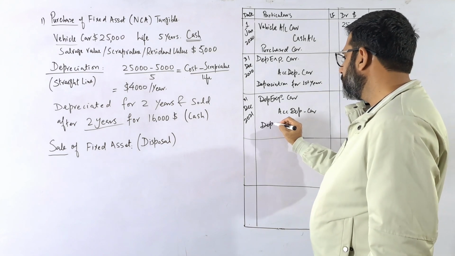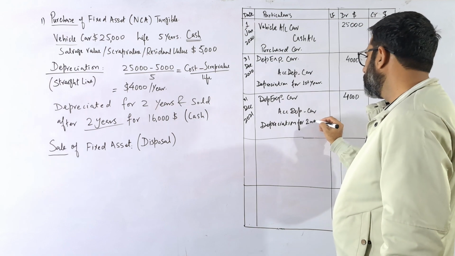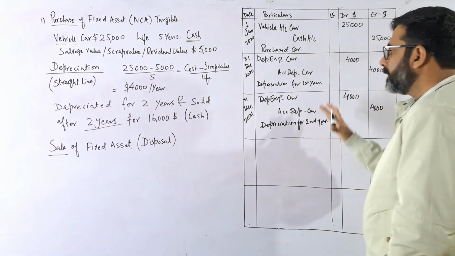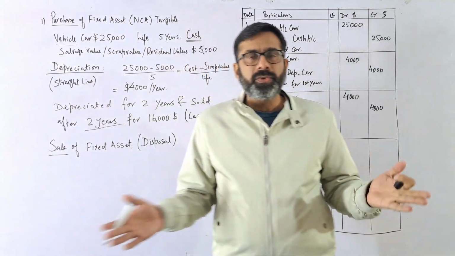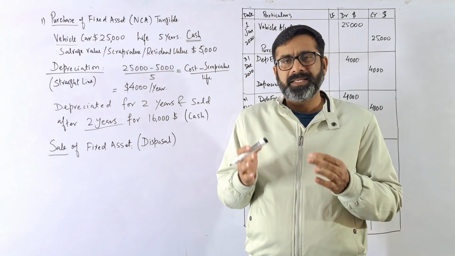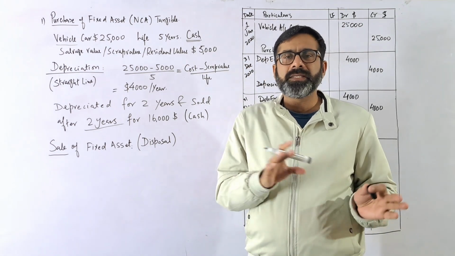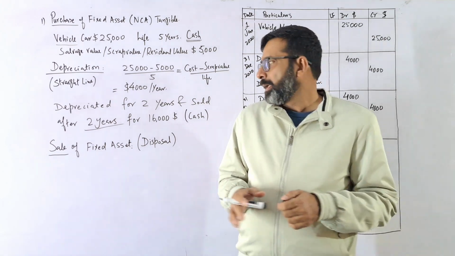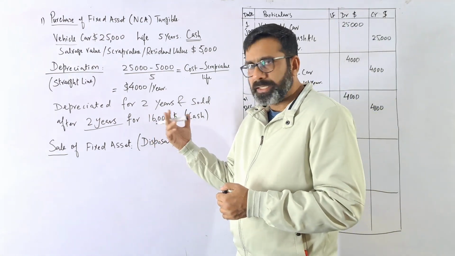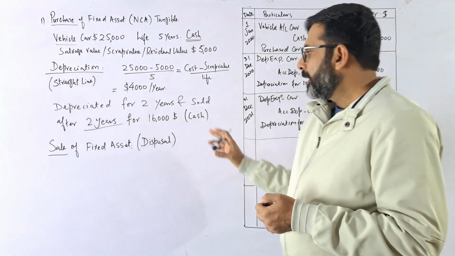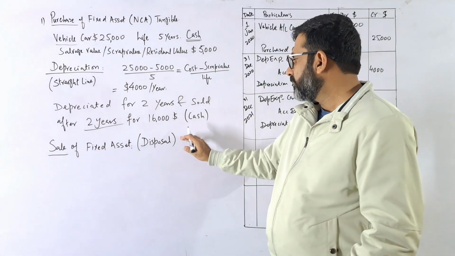So now the asset is depreciated for the whole 2 years, and the business is trying to replace the car, or they may be purchasing some other car, or there is some issue. So that's why they want to sell it, and the value they are getting is 16,000. So now we have to consider the sale of this fixed asset, the disposal of the car.